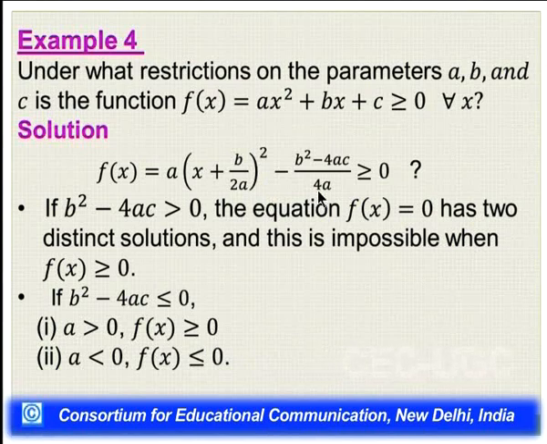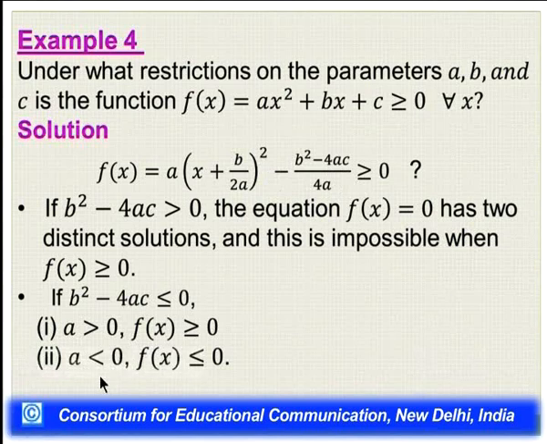So this makes our function greater than or equal to 0, because b square minus 4ac is less than or equal to 0. So the second term will become greater than or equal to 0.